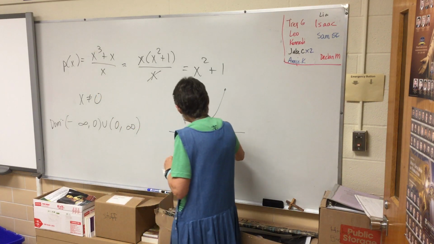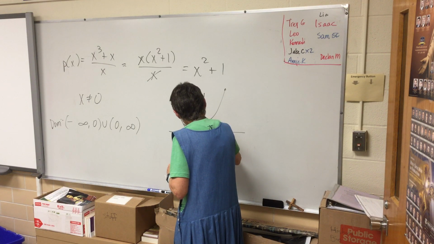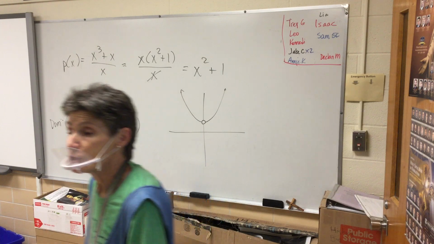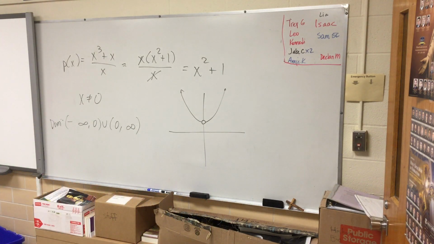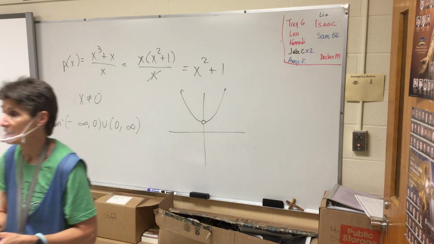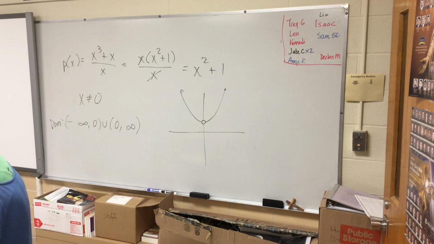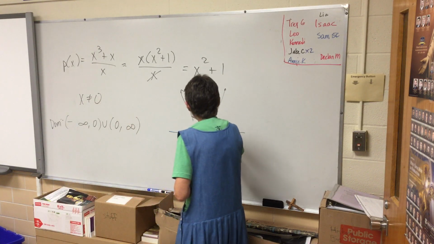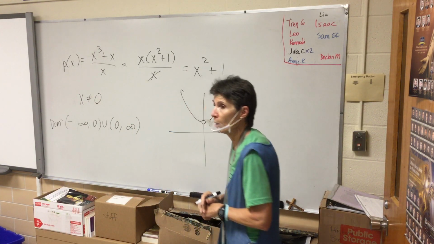So the point 0, 1 is a hole in the picture. If you can remove the discontinuity, it's graphed as a hole. So when the question says, identify the type of discontinuity, this is removable, and there is a hole at the point 0, 1.